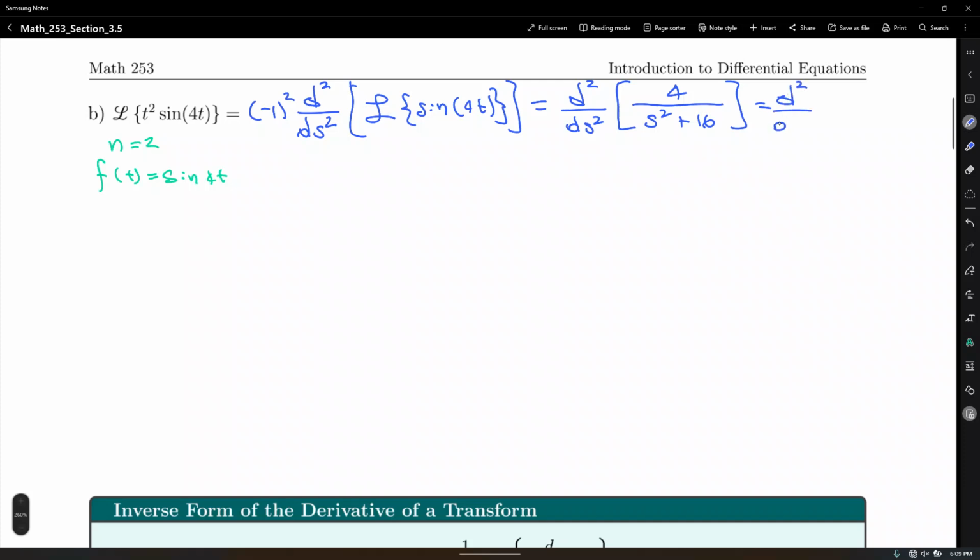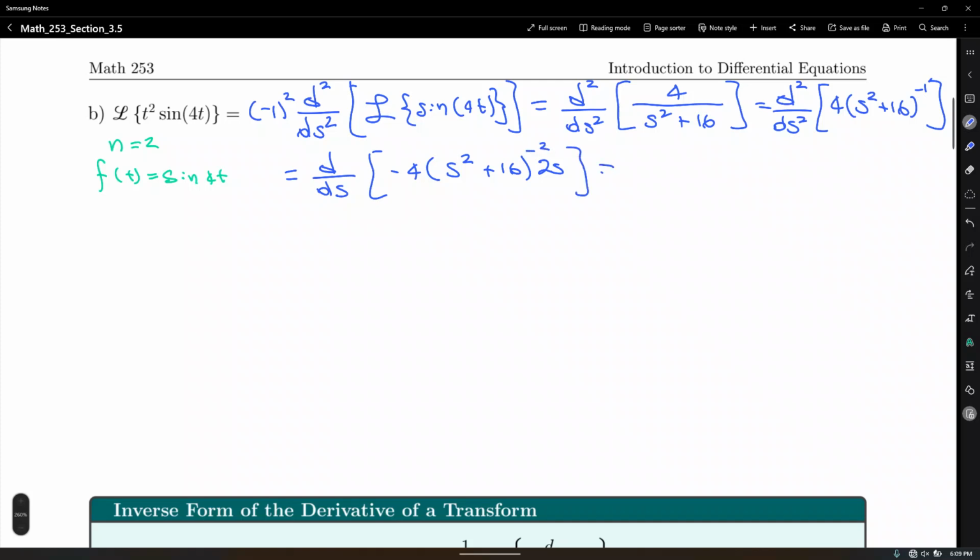So d squared/ds squared. I'm going to write this so that we can do some chain rule. Do not do an unnecessary quotient rule here. So this will be equal to, now that we have two derivatives and I'm already doing one, negative 1 times 4, which is negative 4, times s squared plus 16, times 2s, to the negative 2.